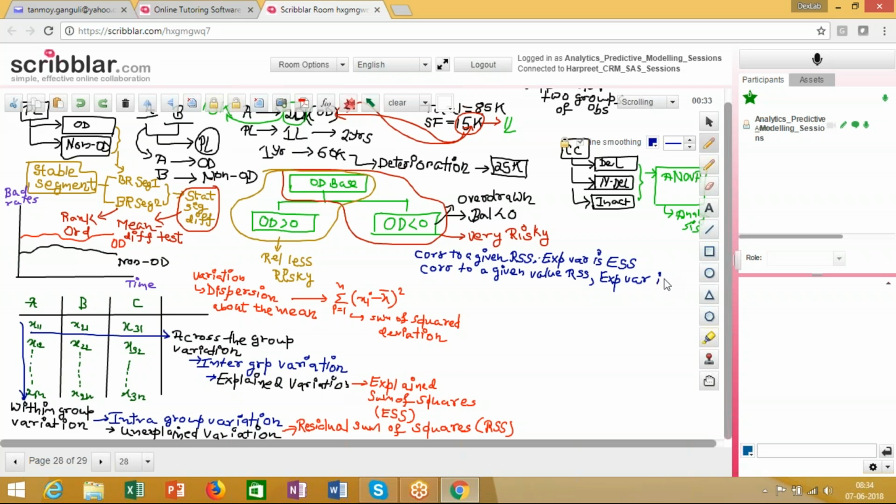ESS by RSS. So over here what I can see is that the ESS by RSS will be some value, right?